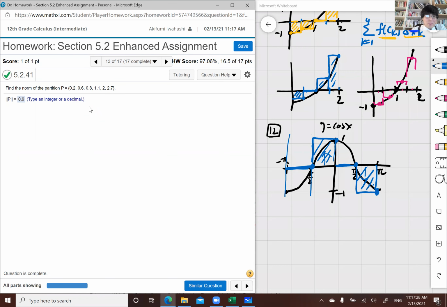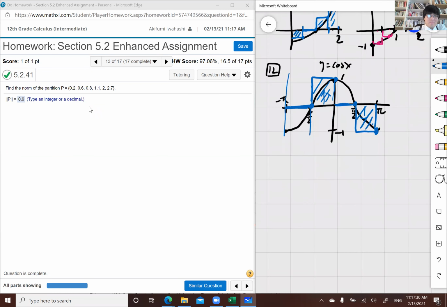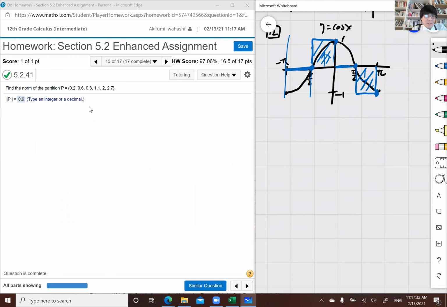Okay, now new terminology. You don't have to memorize this one, but just know what it is for solving this problem. So what is a norm? The norm of the partition P. And P is like 0.2, 0.6, 0.8, 1.1, 2, to 2.7.